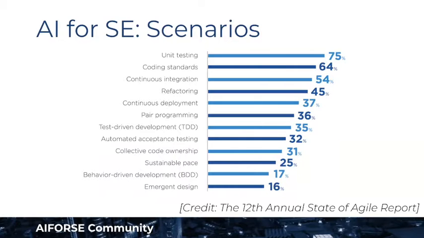Let's take a look at the first three: unit testing, coding standards, and continuous integration. We can ask ourselves, why are they the top three options? My personal understanding is that they're quite easy to follow and to implement.